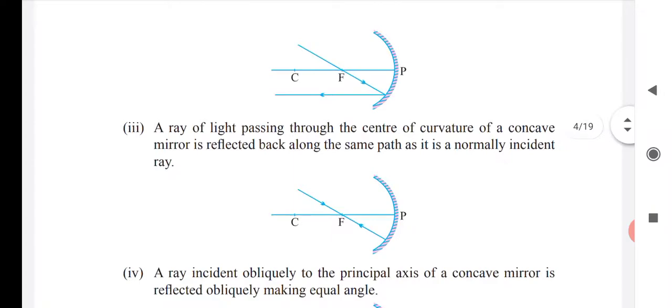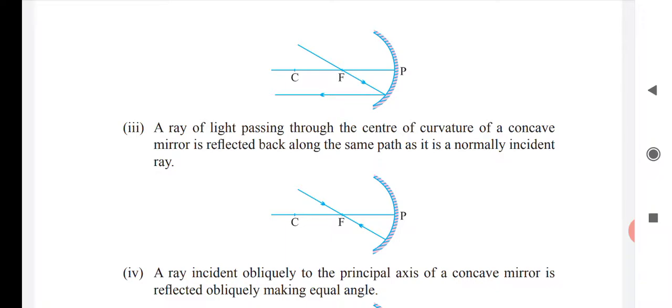And the third rule, a ray of light passing through the center of curvature of a concave mirror reflects back along the same path. Here in the figure they have mentioned it wrongly, they are passing the ray through the focus, but actually that F should be C, that is the center of curvature.